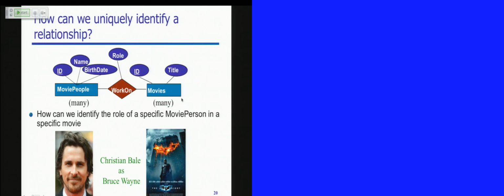Okay, so if it's a many-to-many relationship, then from both sides we need to take the key. How can we uniquely identify a relationship if it's a one-to-many relationship? If I have a one-to-many relationship, would it be enough if I take the ID of the movie person as the key for direct?